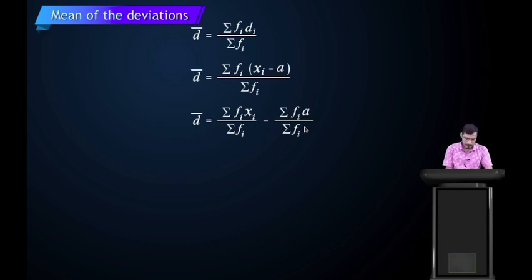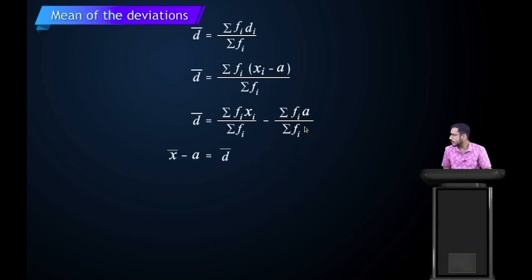Now you can see, students, sigma fi xi divided by sigma fi. What is this? That is x bar, the formula of mean. So x bar minus sigma fi a divided by sigma fi. You can see sigma fi and sigma fi cancel out.